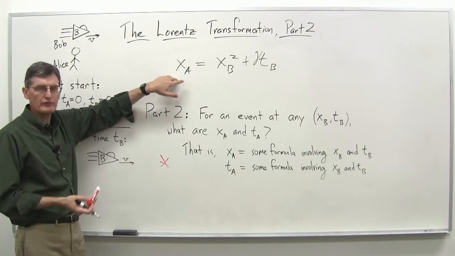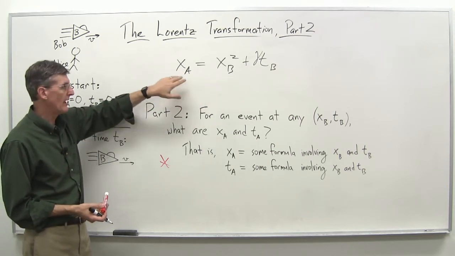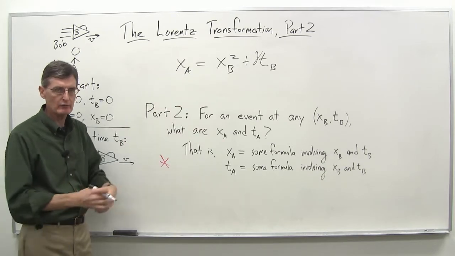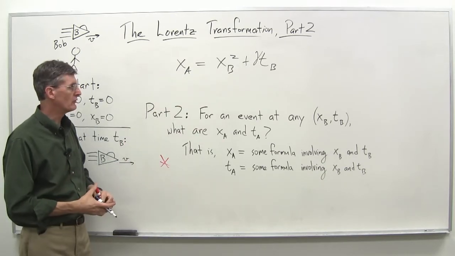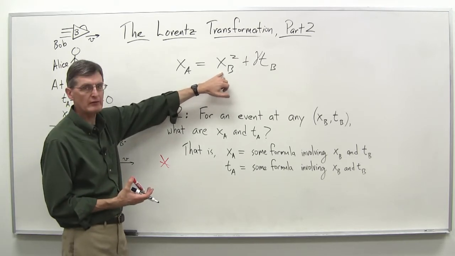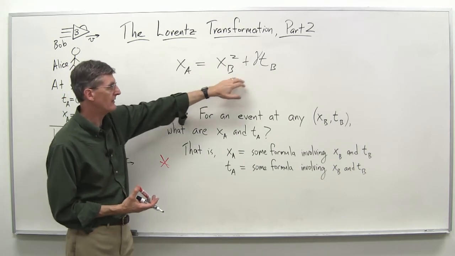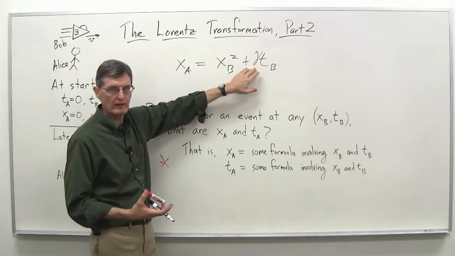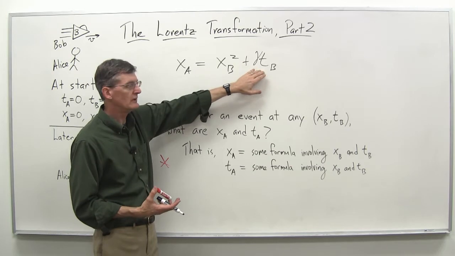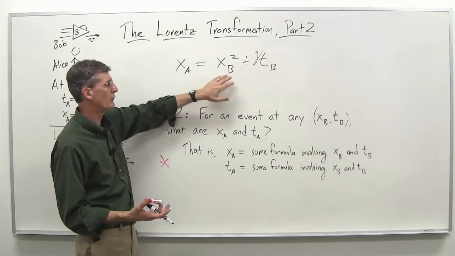Note this can't be the right formula because the units have to match up. x_A is measured in meters or whatever length unit we're using. x_B squared here, if we're using meters, means this is in meters squared. You can't have meters over here and meters squared over here. And then gamma is dimensionless. It has no units. t is in time, seconds. And so I'm adding meters squared plus seconds.